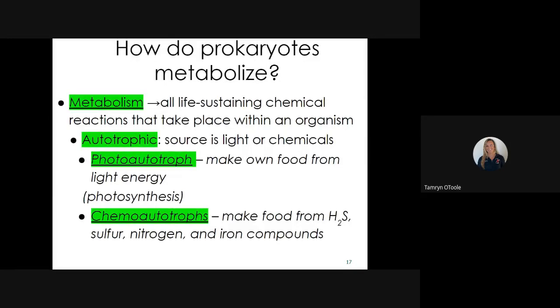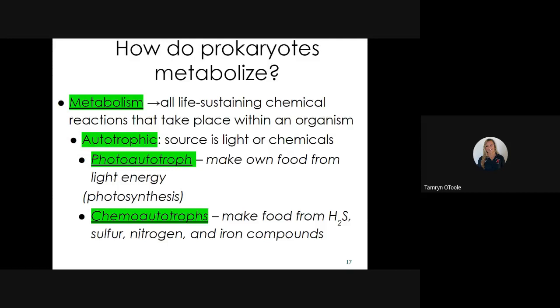These are things that go through photosynthesis. And then chemoautotrophs are organisms that make their food from hydrogen sulfide, sulfur, nitrogen, and different types of iron compounds. So highlight the words autotrophic, photoautotroph, and chemoautotroph, because those might show up somewhere.